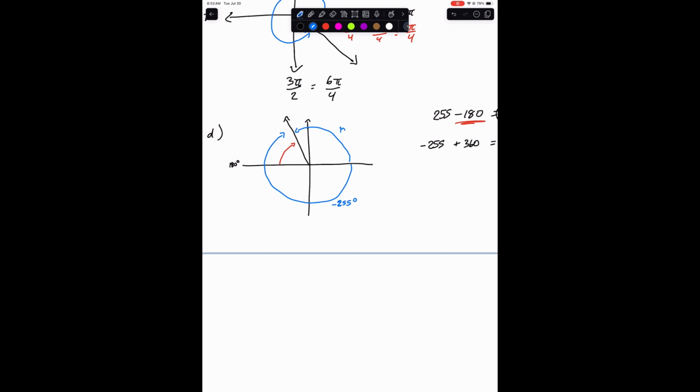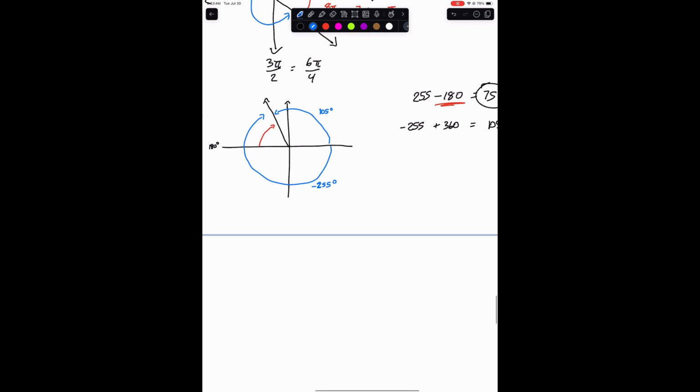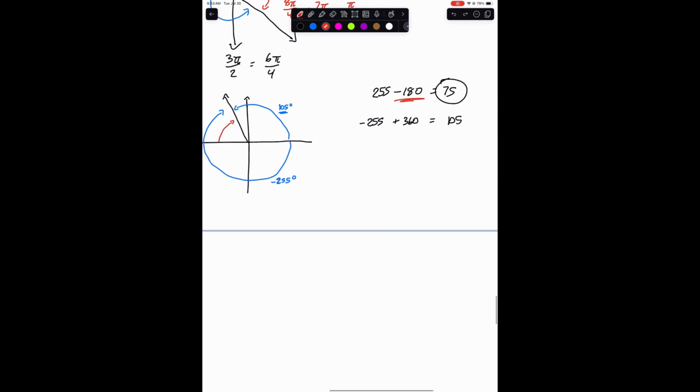What you can do this time is, you can see that the 105, my blue angle, and my red angle are supplementary. They add up to 180. So in this case, you can do 180 minus 105 equals 75 degrees. So either way, you get the same answer.